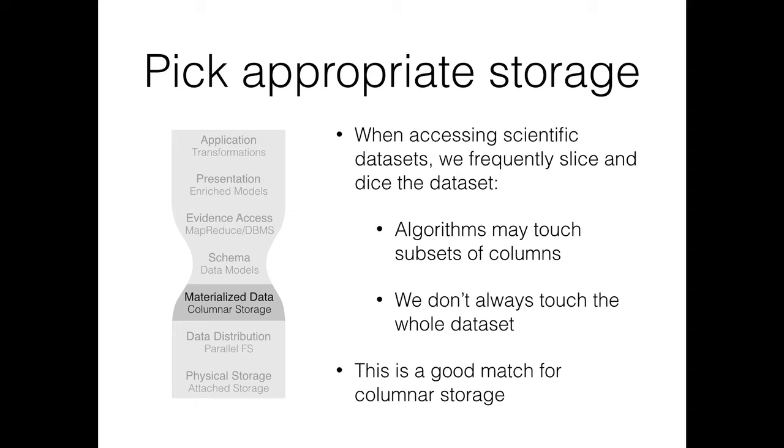Additionally, one of the big things that we did at an early date was we thought about what was actually the correct storage format for this genomic data. And there's a few interesting things. So genomics relies a lot on slicing and dicing of data. For certain algorithms, I only care about a subset of my fields. And that's very common.